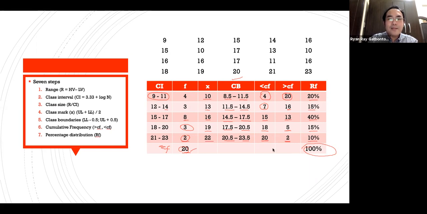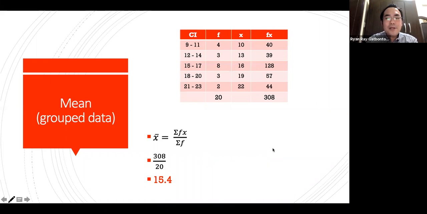Right. Now, your data now becomes grouped. And you cannot use the formula for ungrouped data for grouped data. So to identify the mean, the median, the mode, and the quantiles, we have a separate step for that.